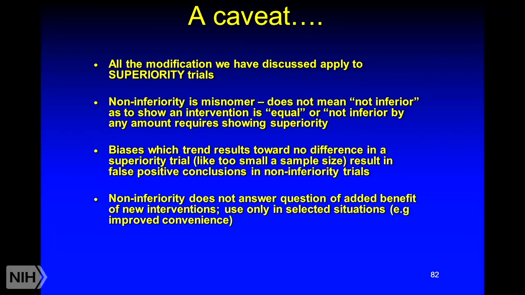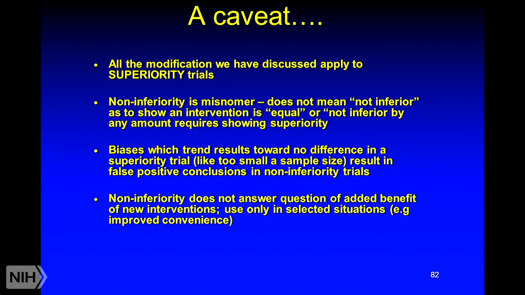I am going to make a caveat on this final slide here, and that is almost everything I've talked about today in terms of modifying studies to make them more efficient is in the setting of trying to show that one intervention is better than another one. That's a superiority hypothesis. There is this crazy thing I mentioned earlier called non-inferiority, which is a misnomer.